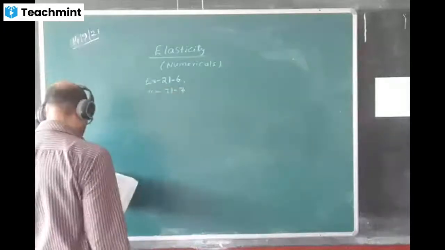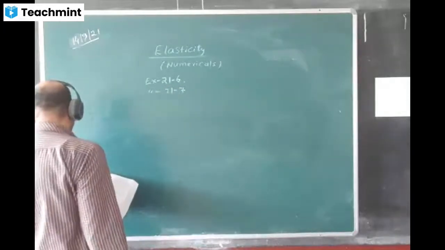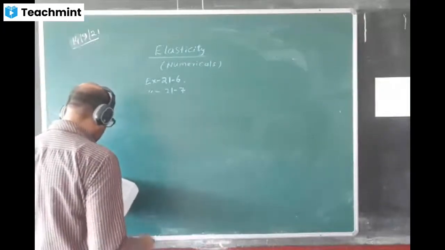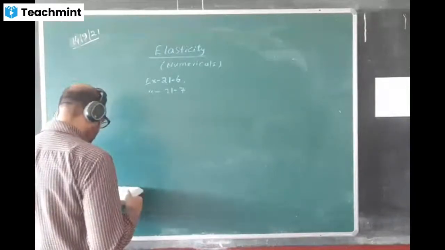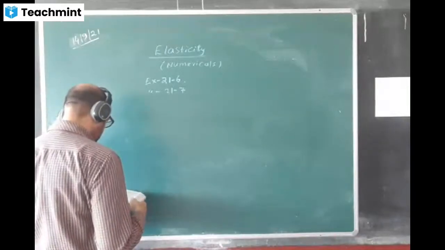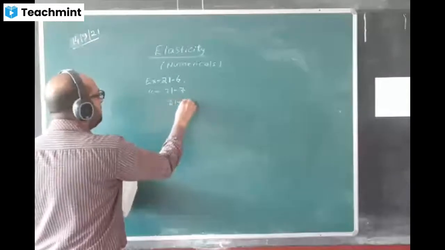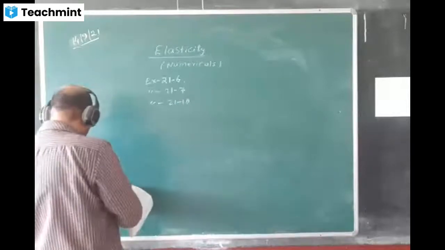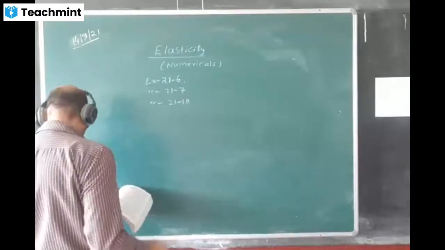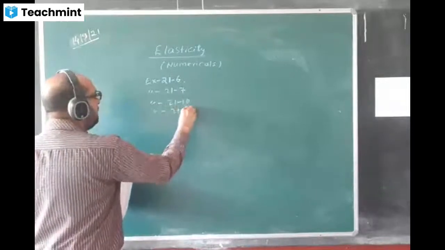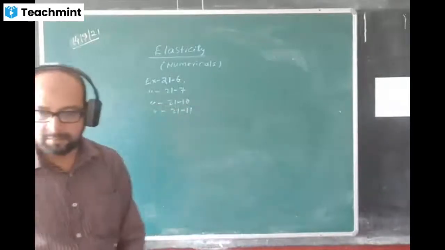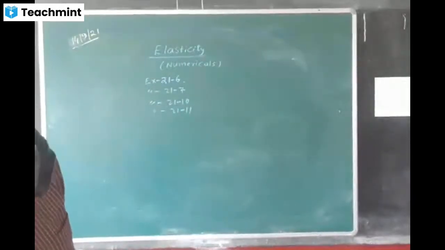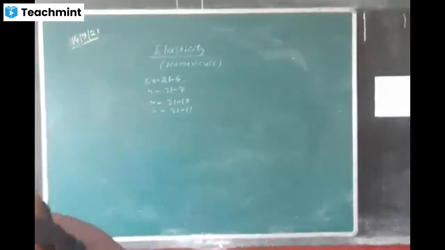Page number, see in the book it is given, page 372 and 373. Okay, example 21-10 and 21-11. Do this much only, this chapter is done. These problems, examples, you'll try it yourself. Solution is also given, you can see the solution. If you don't understand, you'll ask me.